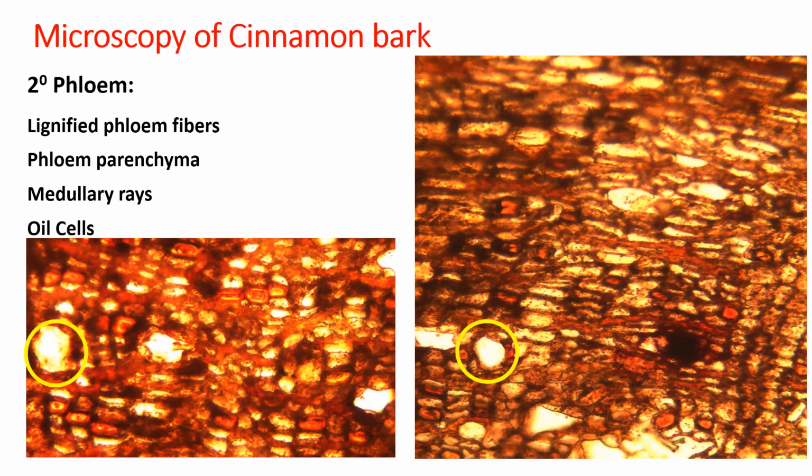I have not used the TS which shows the staining of the oil, but if you want to stain the oil cells or oil glands, you can make use of Sudan Red 3. This is the dye that specifically attaches to the oil globule. We have used Sudan Red 3 for staining cuticle in Datura and others. The same dye can be used here.